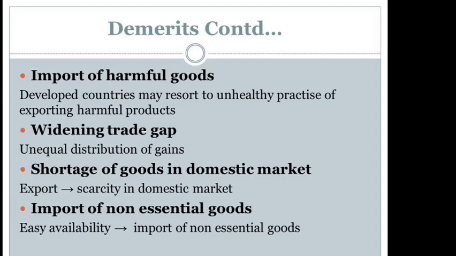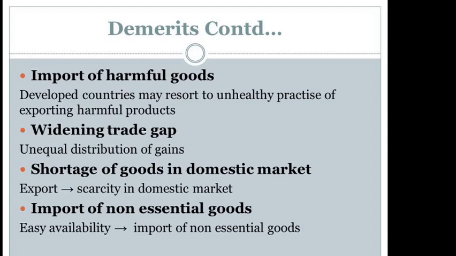Next point is widening trade gap. Trade gap is the difference between import and export. For the trade gap to be favorable to a nation, either import should be equal to export or export should be greater than import. These two are favorable trade gaps.